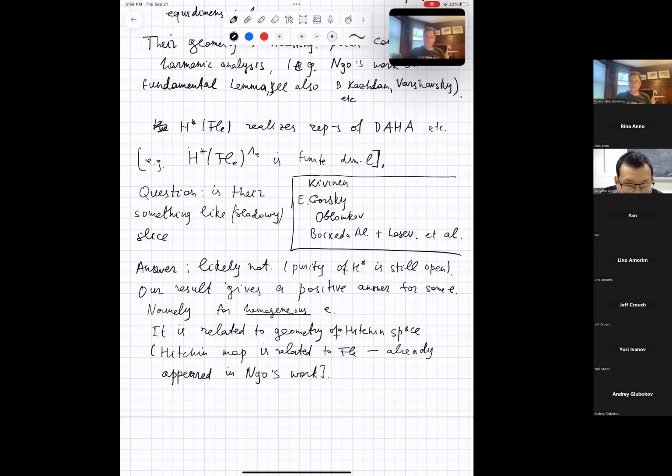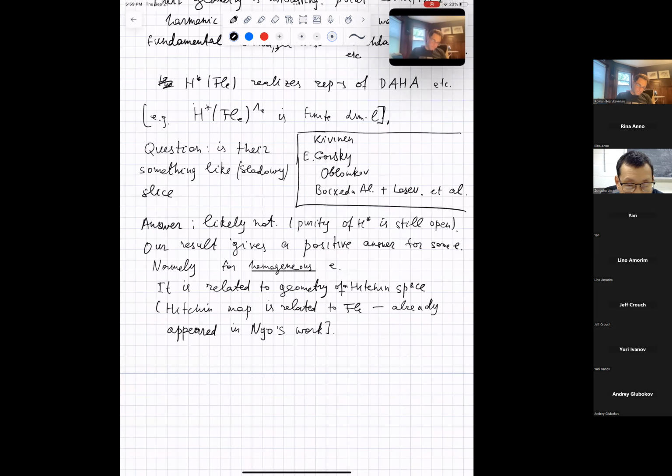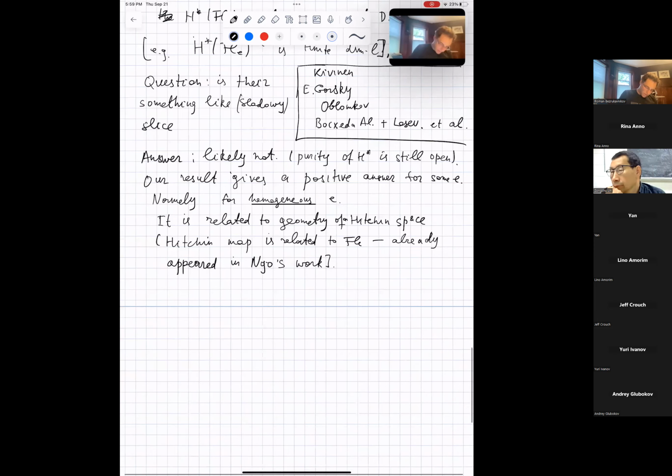Okay, so going in order, I think I need to say what the homogeneous Springer fibers are, and then maybe say a few words about the construction and applications.